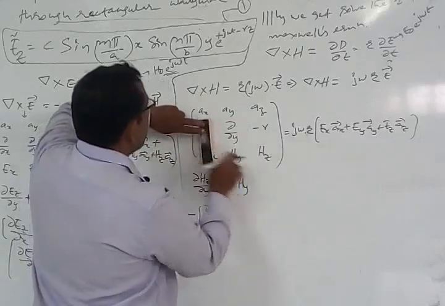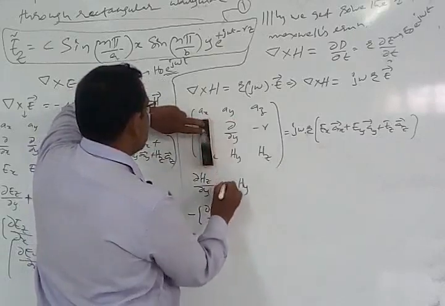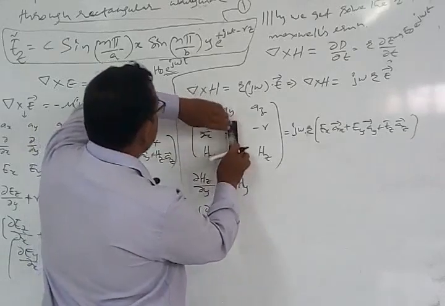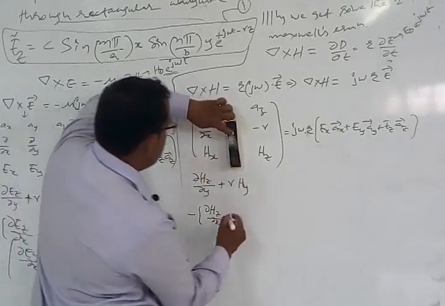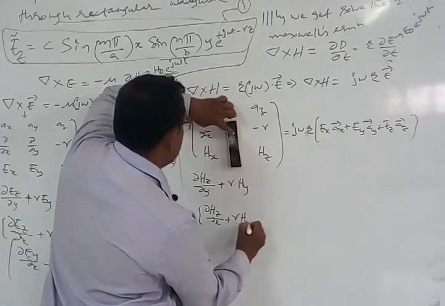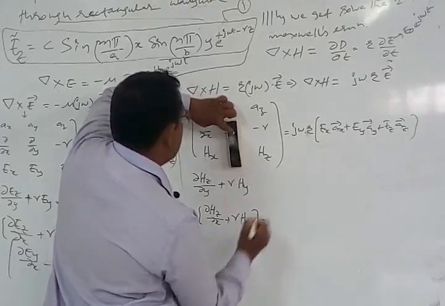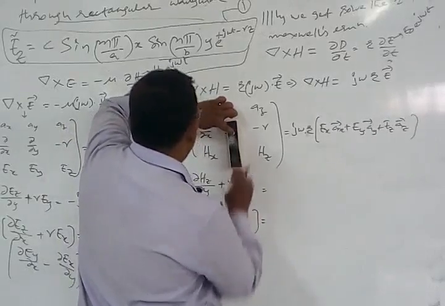Ax for dou Hz by dou y minus of, minus is there, so plus will come, alright. So this part is going to be dou Hz by dou x minus of minus, that will be plus gamma Hx, okay, is equal to, that I will be getting, right.